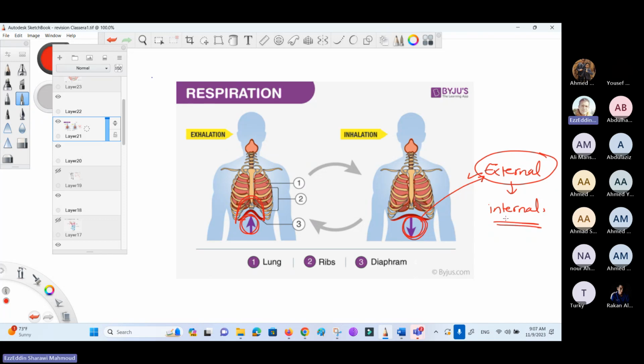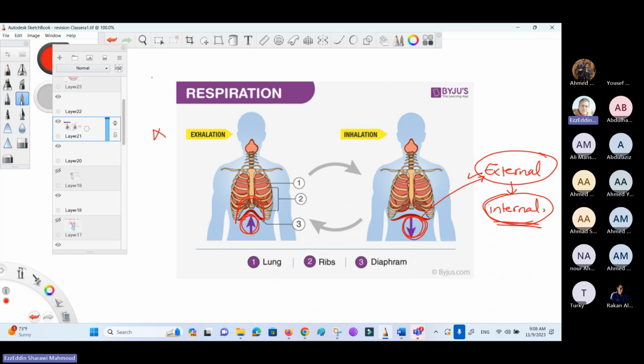Now you concluded that the internal intercostal muscles are opposite. Why? Again, start from the beginning. When the diaphragm contracts, it moves down, and the external intercostal muscles also contract, while the internal intercostal muscles are relaxing. Opposite here in exhalation.